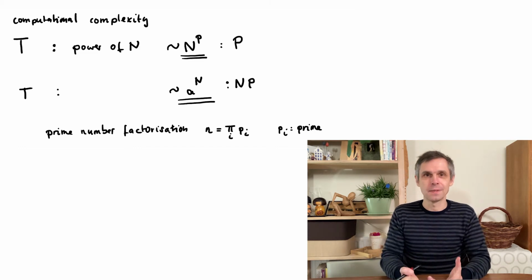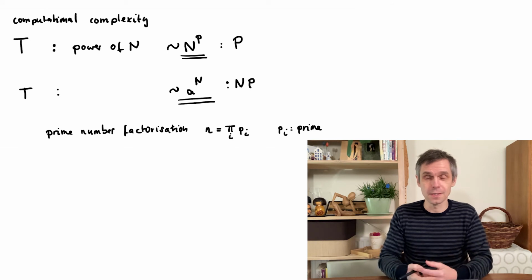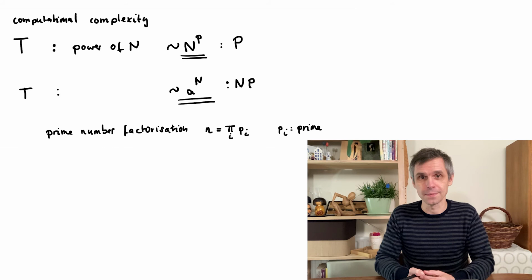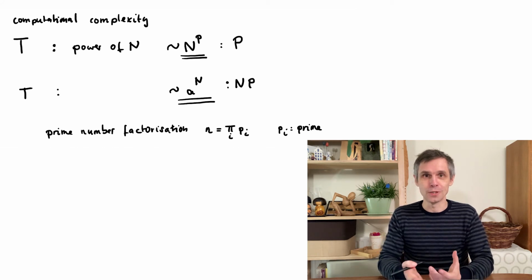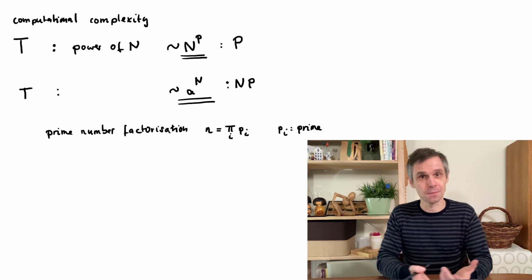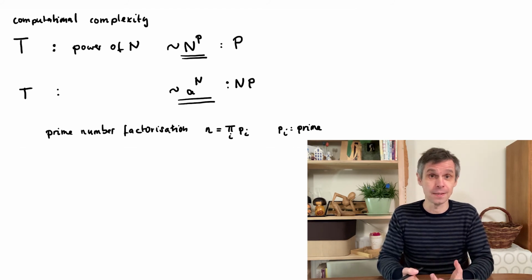Now finding these prime factors takes a long time if the number n has many bits or digits. Indeed, the best algorithms that we have take an exponentially long time. However, once we know these prime factors, we just need to multiply them to each other, and then we can check whether we get the correct number, and this can be done very quickly.